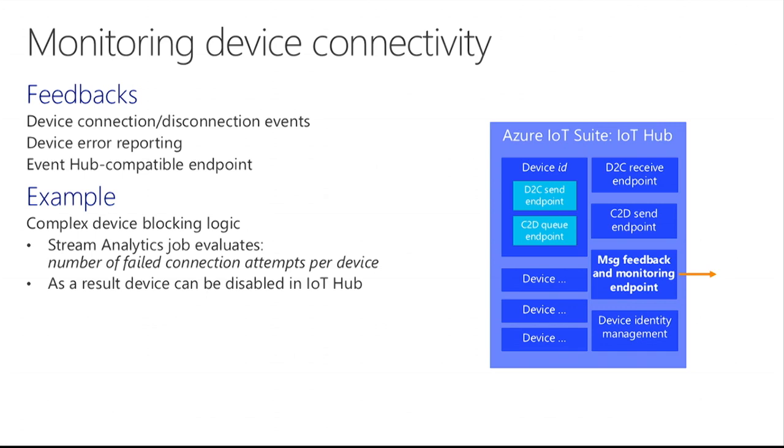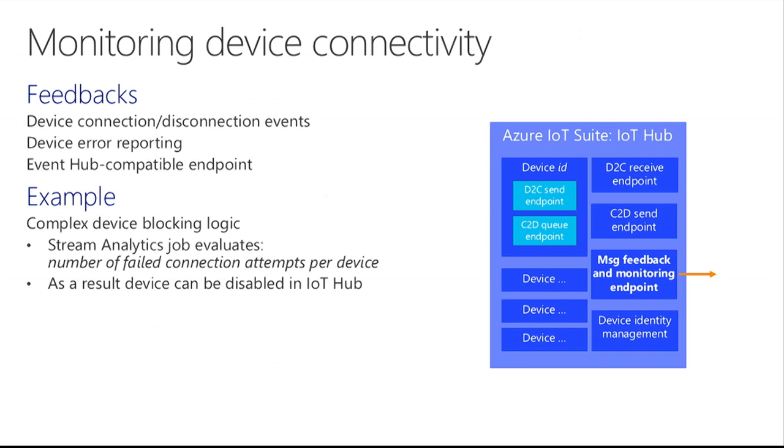In this case, you could have an Azure Stream Analytics job evaluating the number of failed connection attempts per device, and if that number is greater than something like 10 in the last 2 hours, you can raise an alarm.